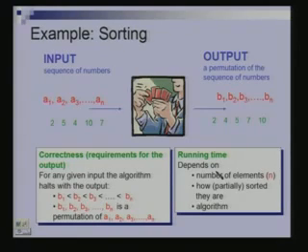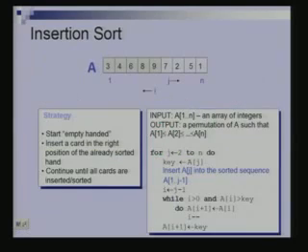Okay, and the first sorting technique we are going to use is one that you have used very often, right? Let's say when you're playing a game of cards. So what is the strategy you follow when you are picking up a set of cards that have been dealt out to you? You like to keep them in a sorted order in your hand. So you start with your empty hand, you pick up the first card, then you take the next card and you insert it at the appropriate place.